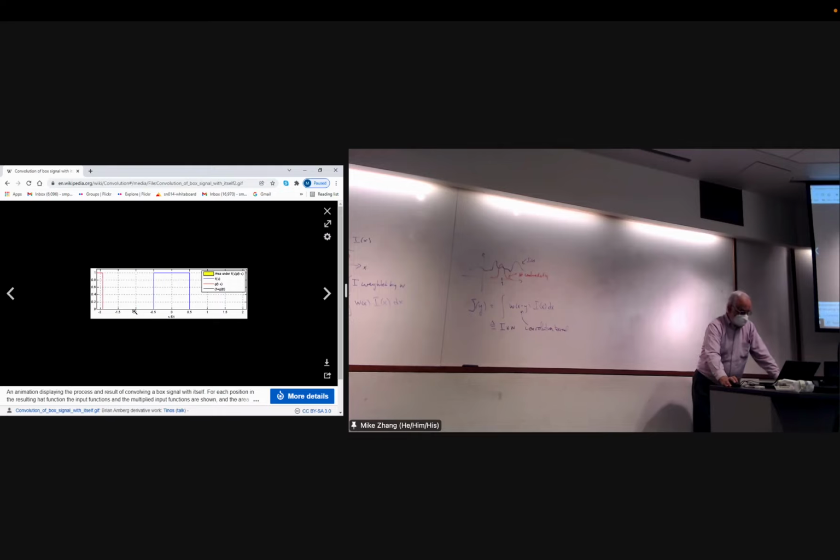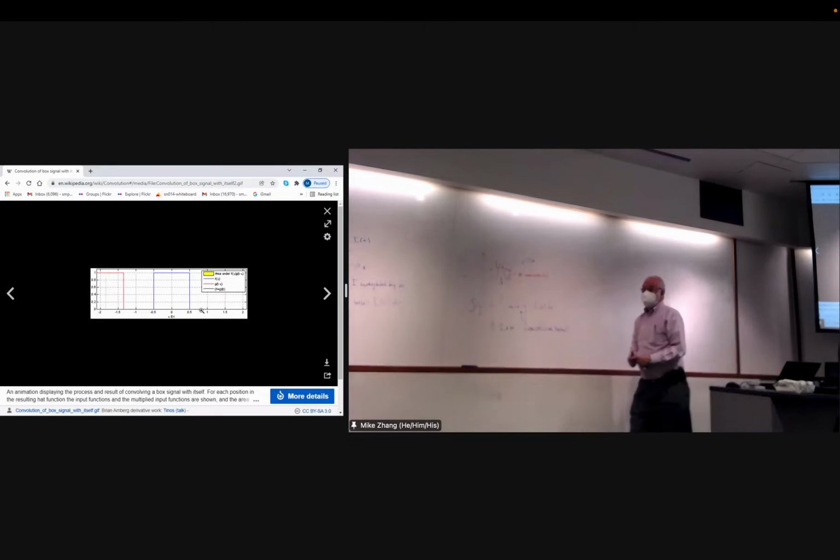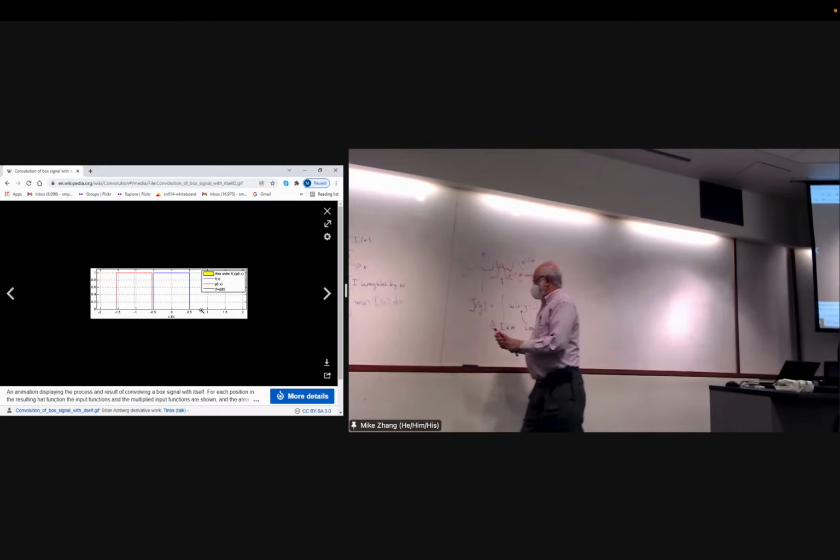The resulting convolution is this triangle function. It goes up linearly from 0 up to the maximum, which is the overlap of the two functions, and it comes down.